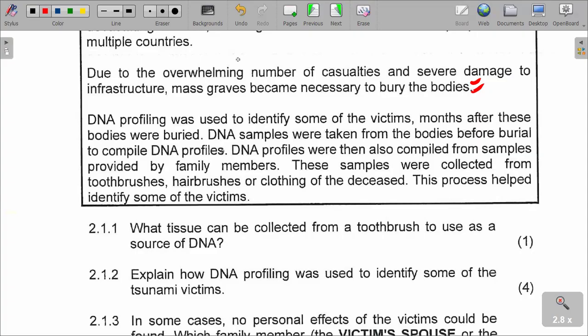Months after these bodies were buried, DNA samples were taken from the bodies before burial to compile the DNA profile, and were also compiled from samples provided by family members. These samples were collected from toothbrushes, hairbrushes, clothing and so on of the deceased. This process helped to identify some of the victims.